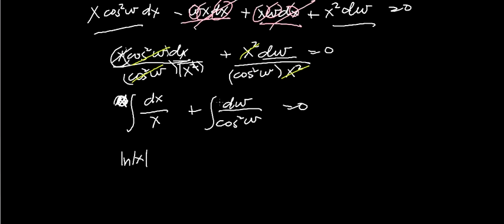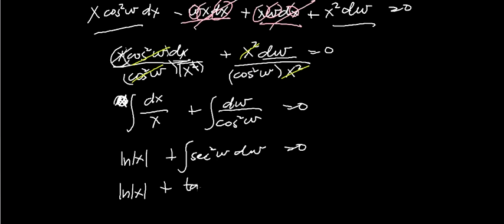And how about this part? We can use the trigonometric identity: 1 over cosine squared w is just equal to secant squared w, dw. So we have ln of x plus the integral of this, which is just tangent w, and of course plus c.